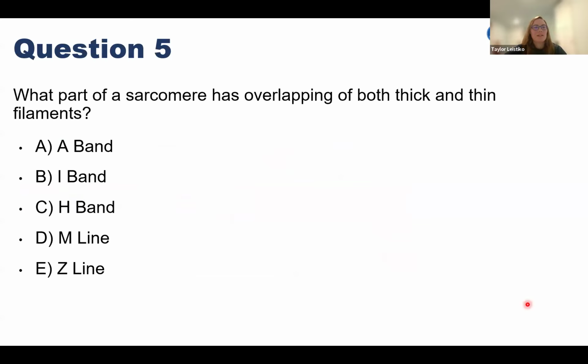Okay, next question. What part of the sarcomere has overlapping of both the thick, so the myosin, and the thin, the actin?